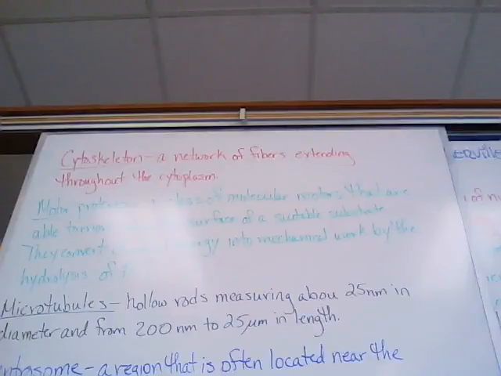Though different in length, number per cell, and beating pattern, motile cilia and flagella share a common ultrastructure. Each has a core of microtubules sheathed in an extension of the plasma membrane. 9 doublets of microtubules, the members of each pair sharing part of their walls, are arranged in a ring.